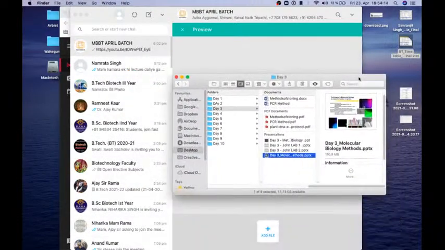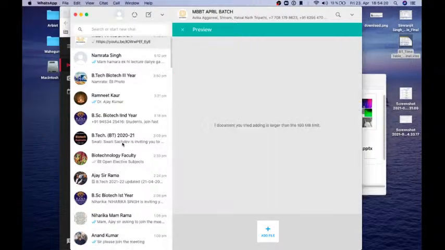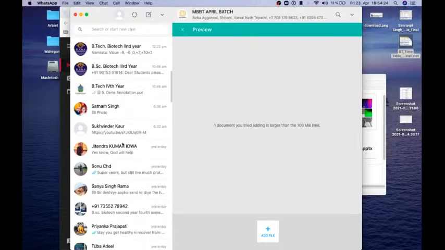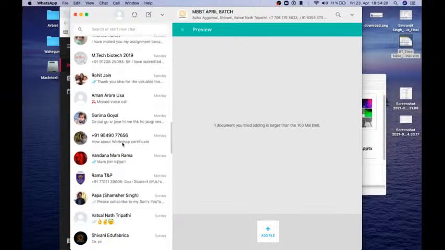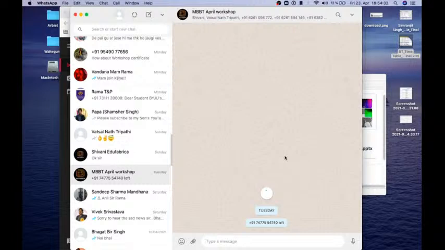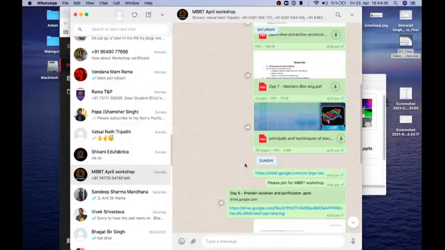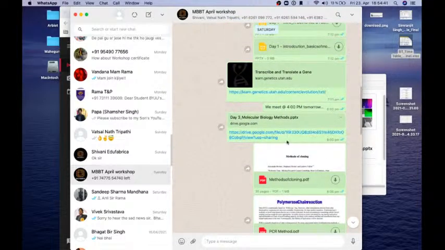A hundred MB is the limit, and this is 110 MB. Give me just a second.